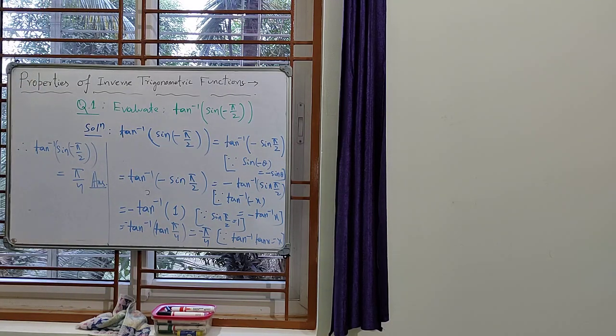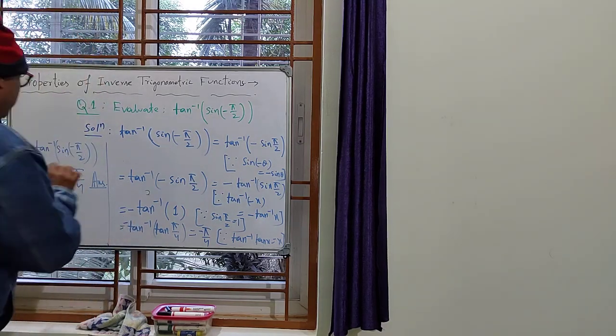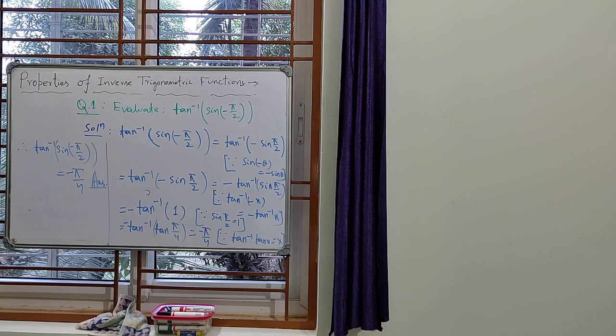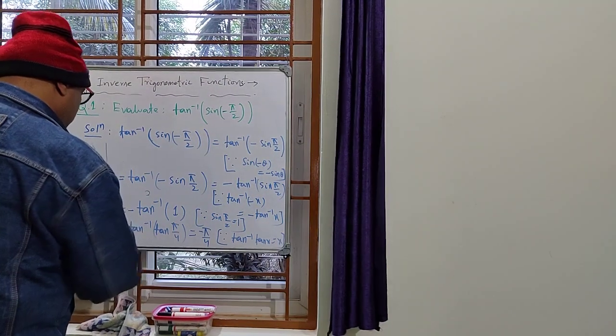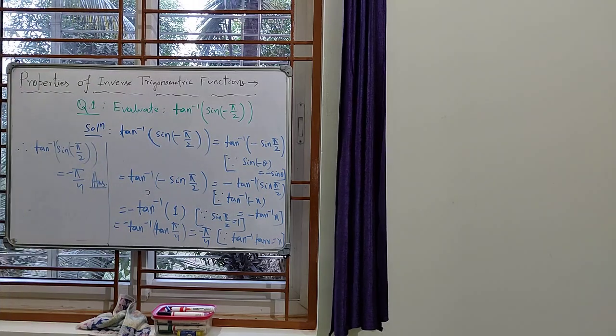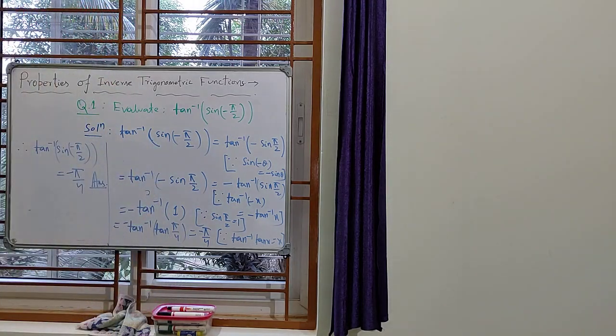Minus pi by 4. Tan inverse sine minus pi by 2 equals to minus pi by 4. Is it clear? Please look at it.